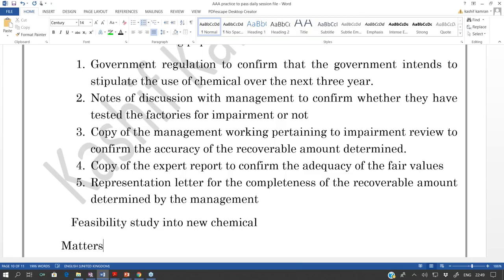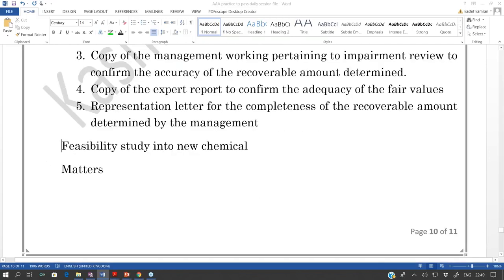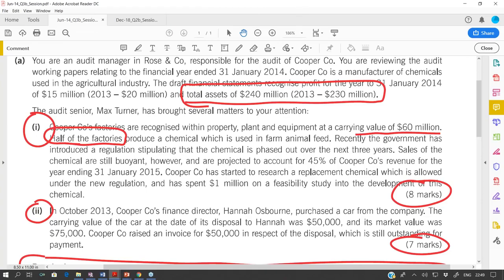Matters. You go back to the case and you see this. You see the last 2 lines of the paragraph we were reading.